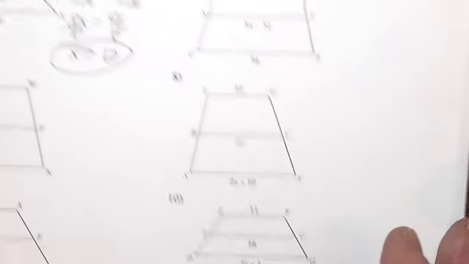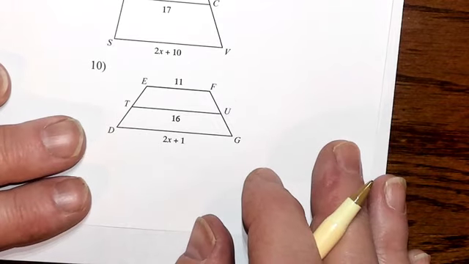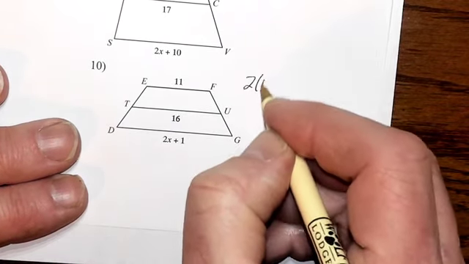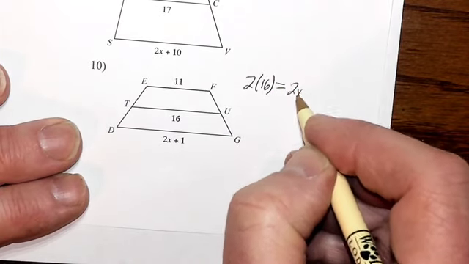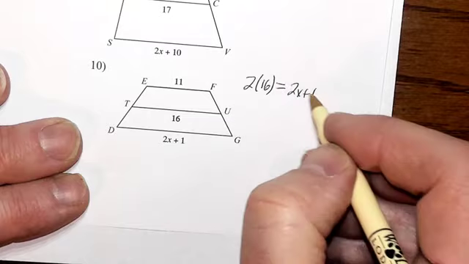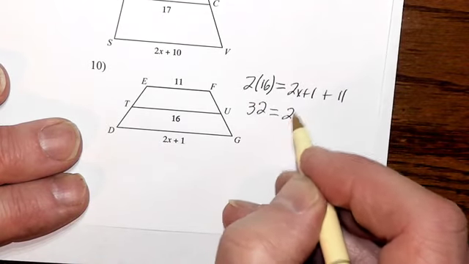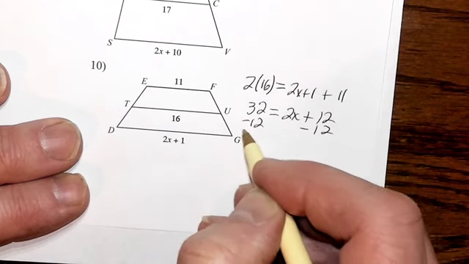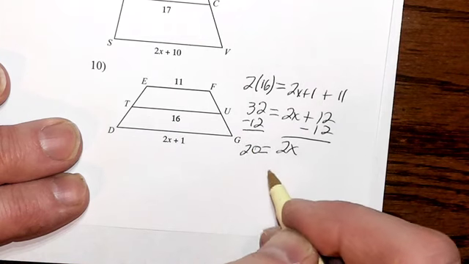Let's do one more example. Let's look at this one right here. I'm going to double the median, 2 times 16, and that's going to equal 2x plus 1 plus the other base. So 32 equals 2x plus 12. Minus 12 from both sides, I get that 2x equals 20.